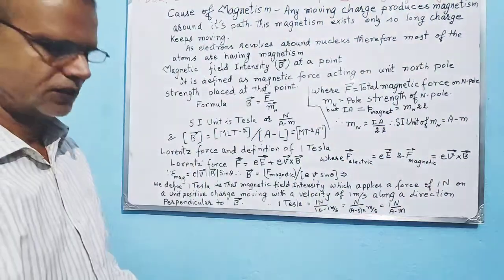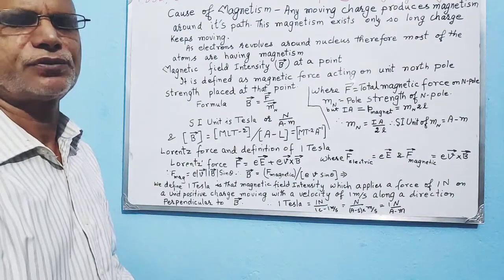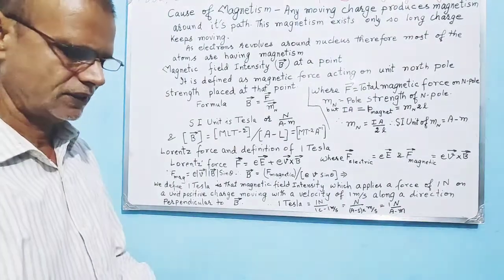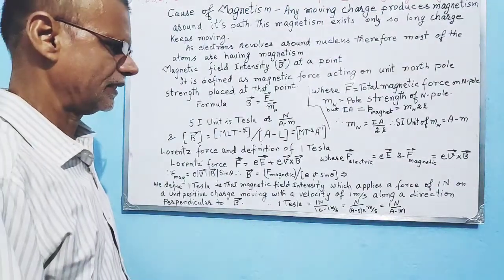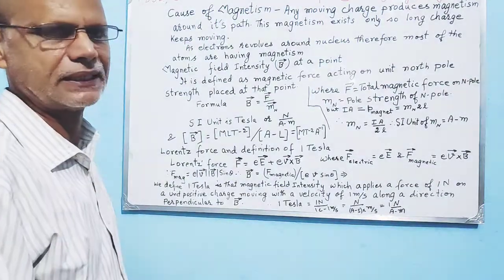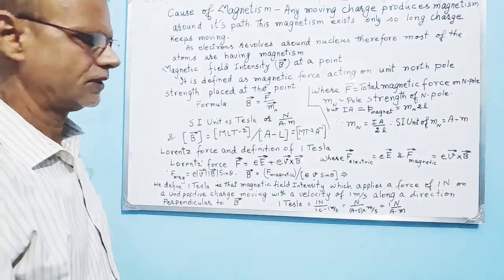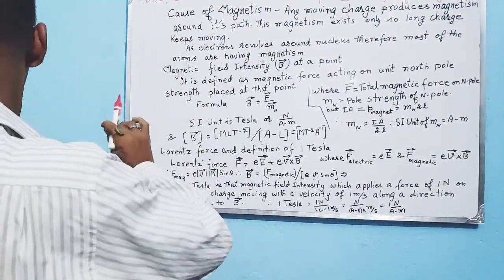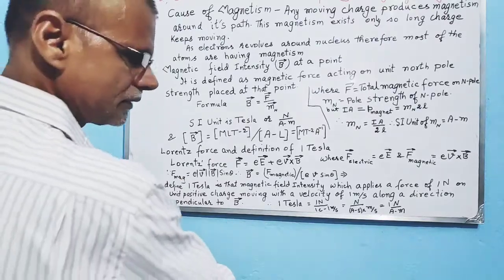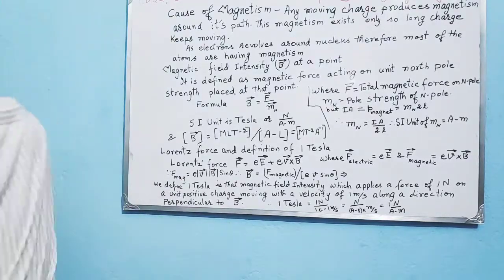And finally, we will talk about the famous force which is known as Lorentz force, and we shall also define the SI unit of magnetic field intensity, Tesla. We will define 1 Tesla. So here you have to pay attention.